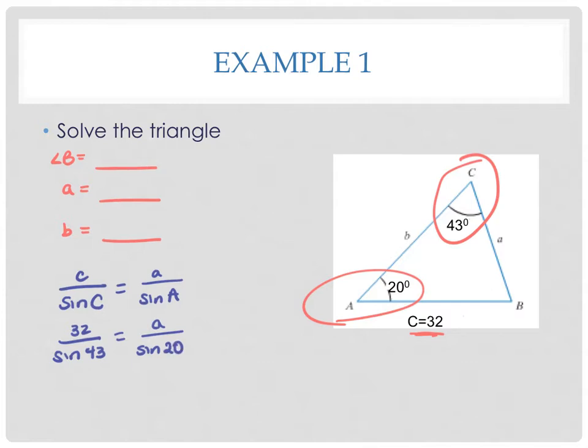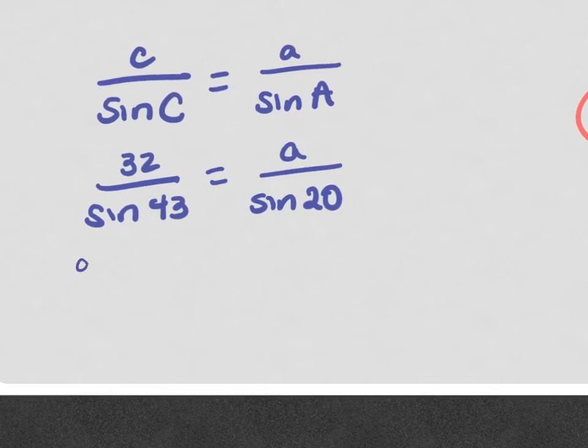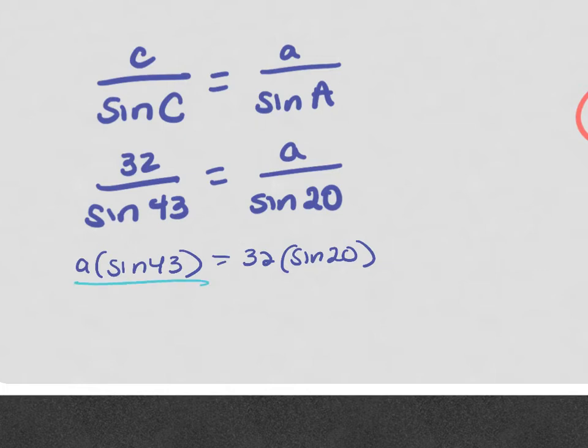Now all of these angles are in what measurement? Radians or degrees? Degrees, which means your calculator has to be in degrees. So from here, I'm going to take this ratio and cross multiply: a times the sine of 43 equals 32 times the sine of 20. And then the last step to solving this would be to divide both sides by the sine of 43.